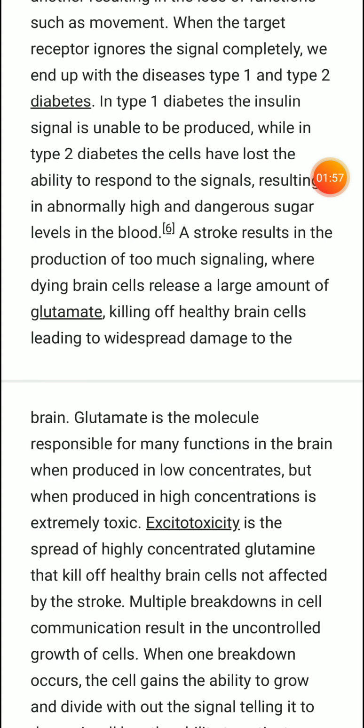Glutamate is the molecule responsible for many functions in the brain when produced in low concentrations, but when produced in high concentration it is extremely toxic. Excitotoxicity is the spread of highly concentrated glutamate that kills off healthy brain cells not affected by the stroke.